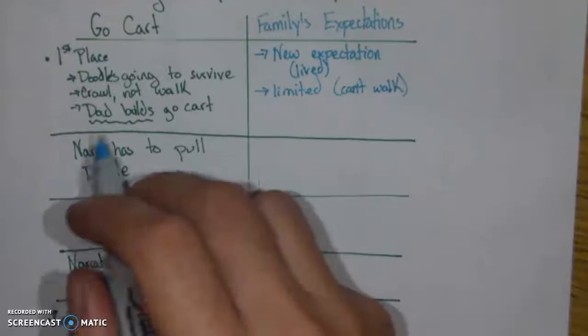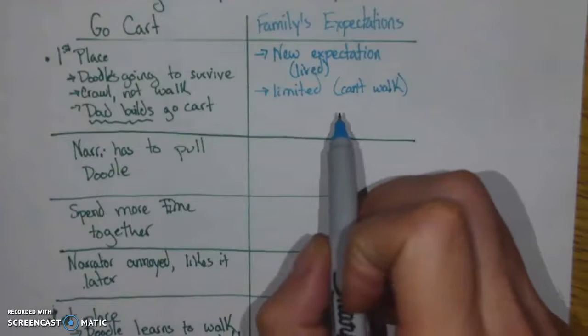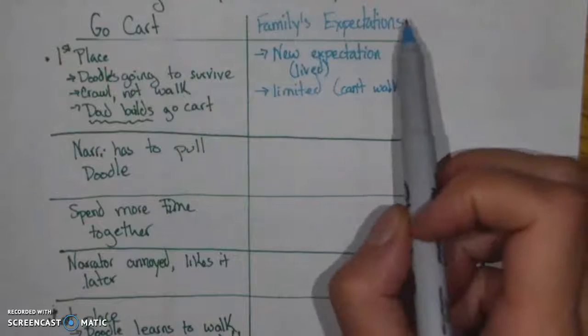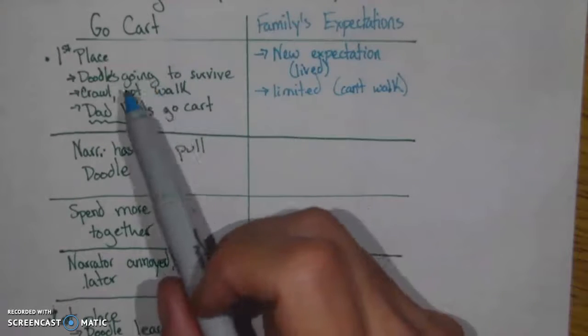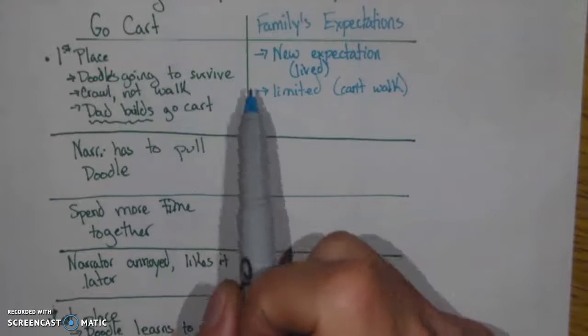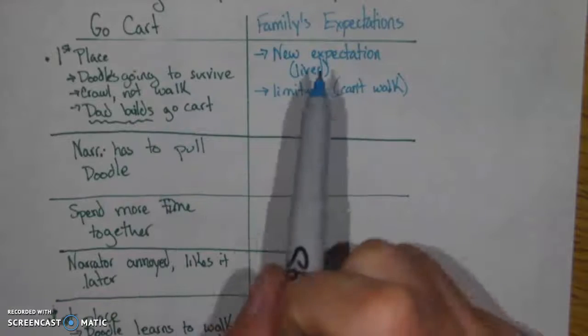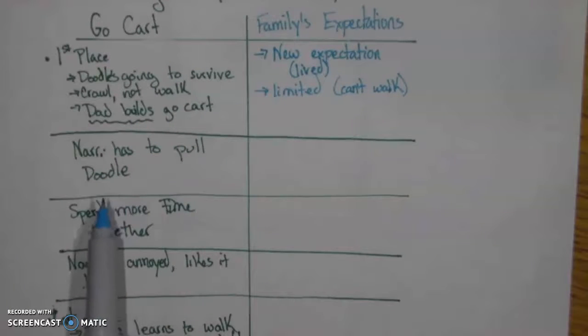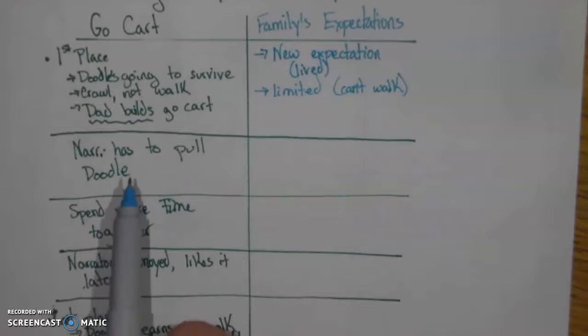And so I'm just kind of translating what these things mean now in the context of the family's expectations. And a lot of times it's nice to take the overall action and look at that in the idea of expectations. So for instance, the narrator has to pull Doodle the entire time.